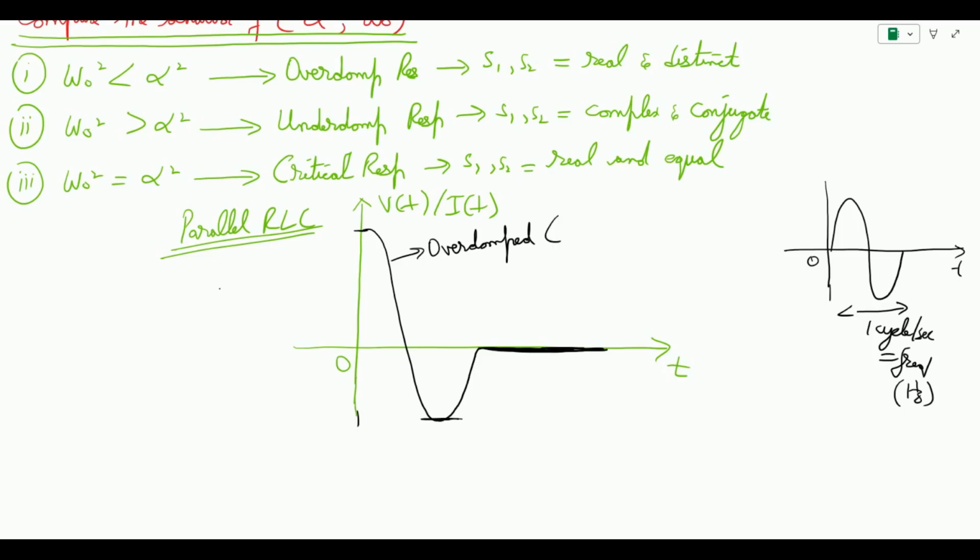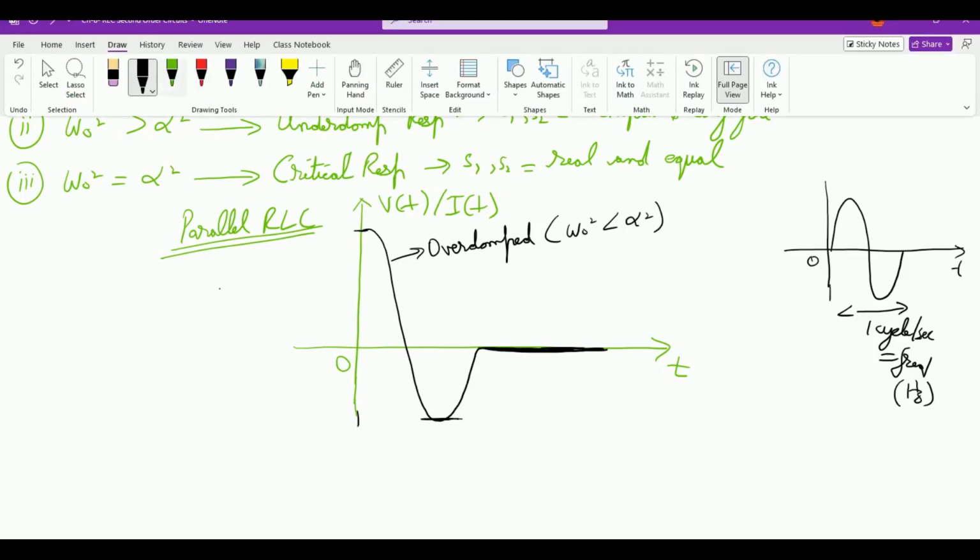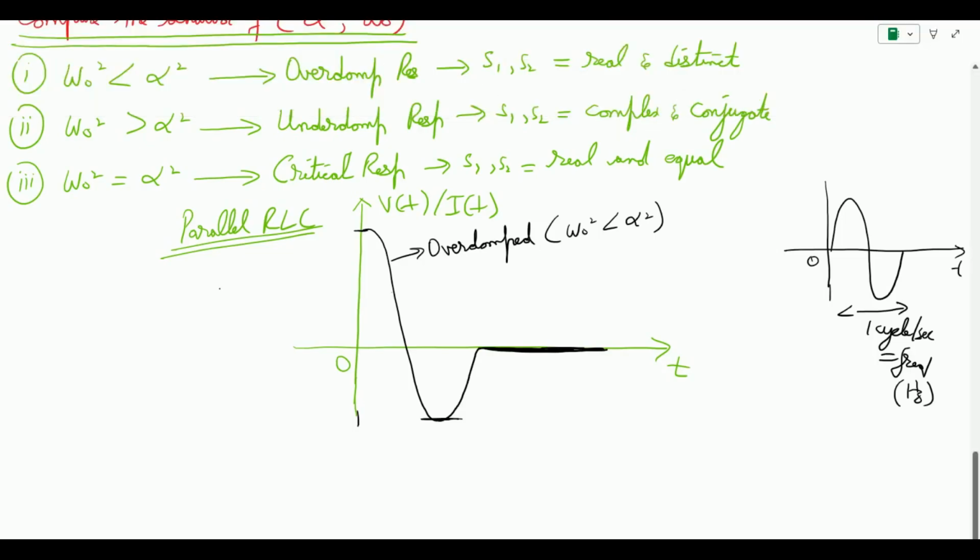So we can say the condition will be that omega naught square has a value less than Napier square. What about the underdamped second condition? In the underdamped response, we say that the voltages and currents oscillate and then reach their final value. So in the underdamped response, if this is the final value, the signal has basically started to resonate, and after some time with the amplitude decreasing, it has reached its final value.